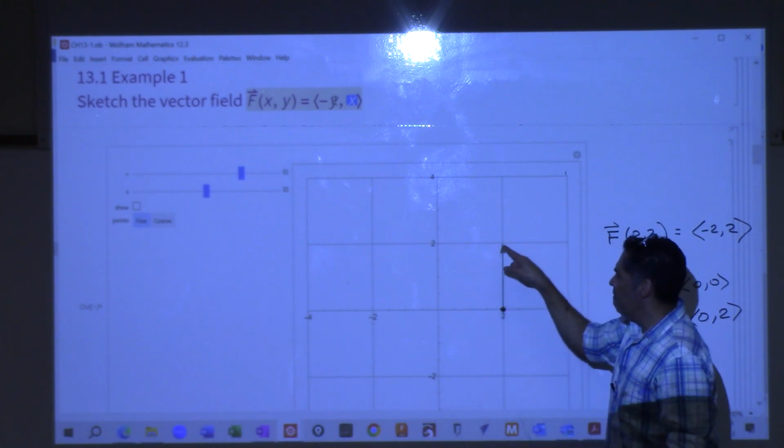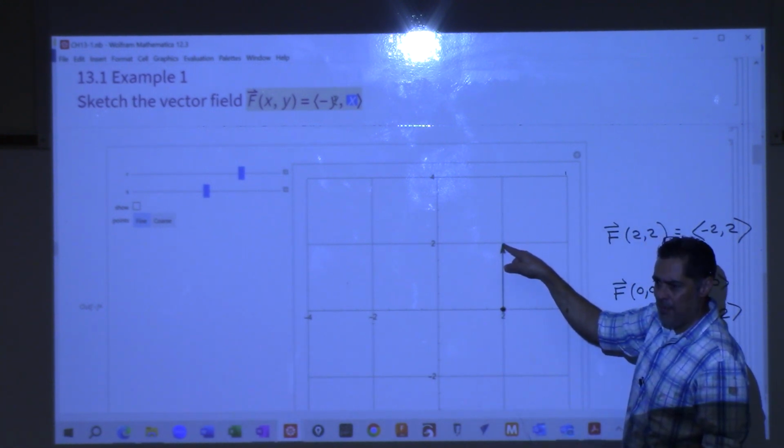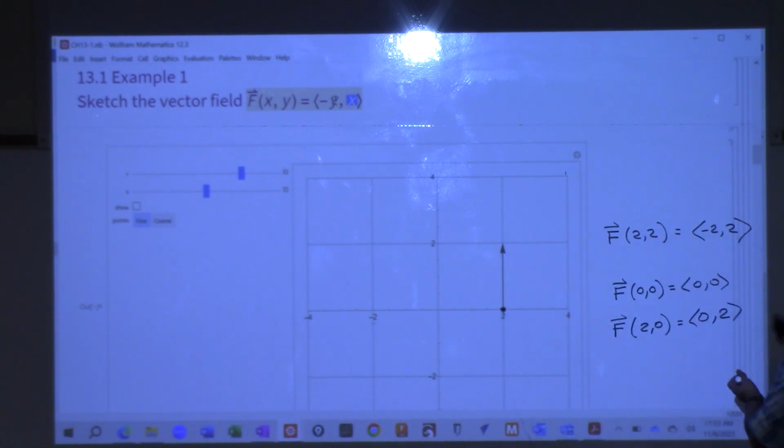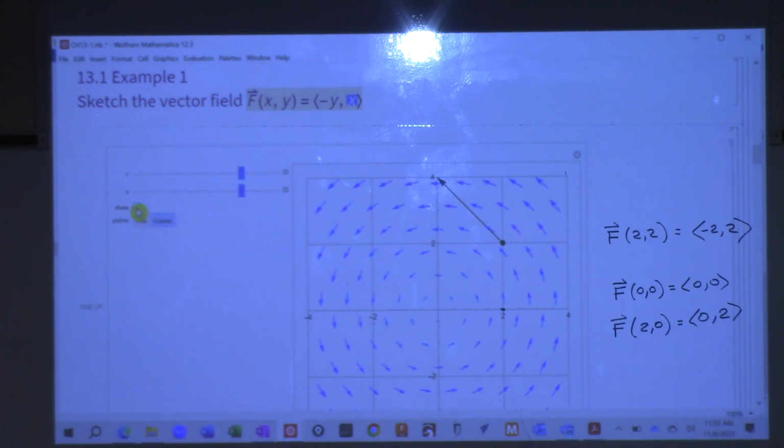But it needs to be positioned so that the tail of it is at the point 2, 2. So let me move it up to 2, 2. There it is. Okay? And I could keep doing this, start drawing all these vectors. And if I put a couple of them in there, I start to get a feel for what's happening.